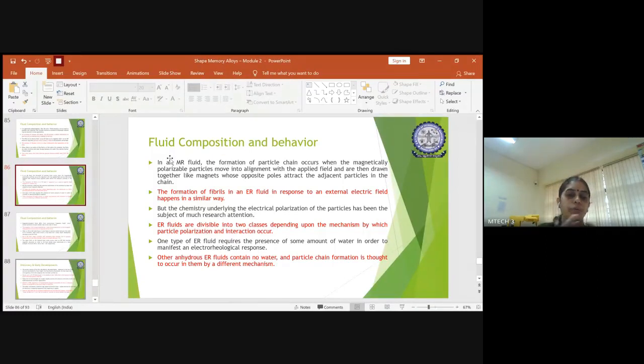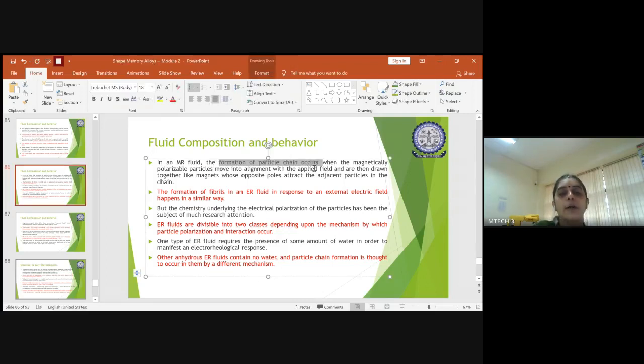So now we were discussing the combination with respect to ER and MR fluid, how the composition of the fluid should be. So now we are putting forward our MR fluid. In MR fluid, the formation of the particle chain occurs when magnetically polarizable particles move into alignment with the applied field.